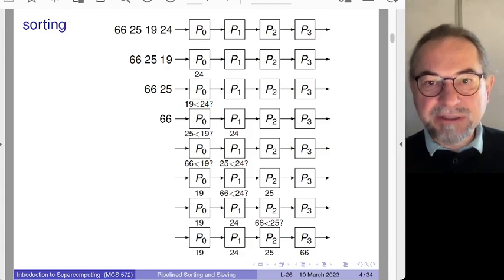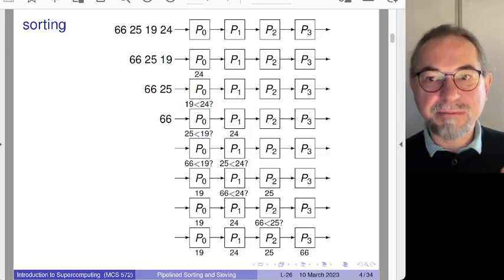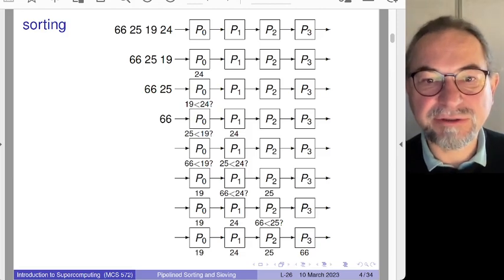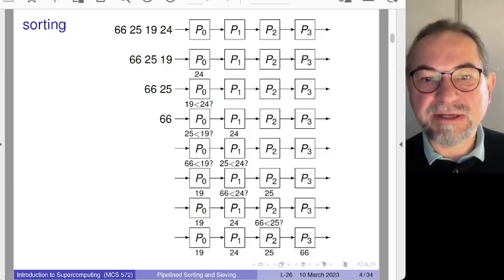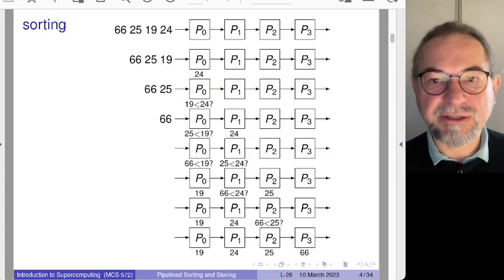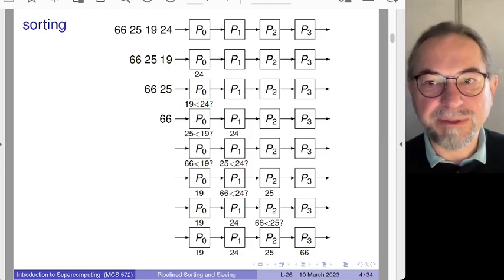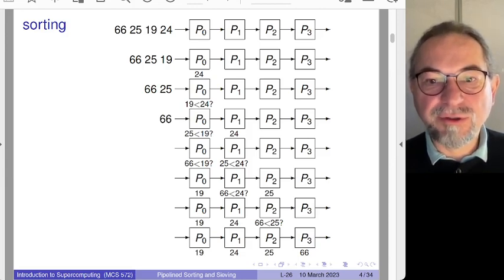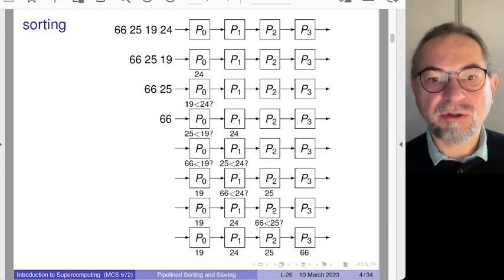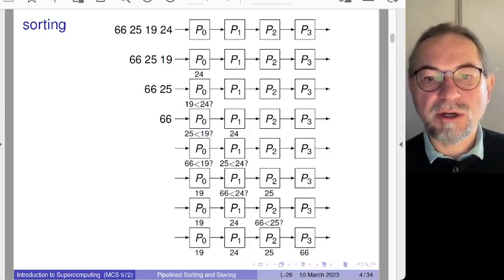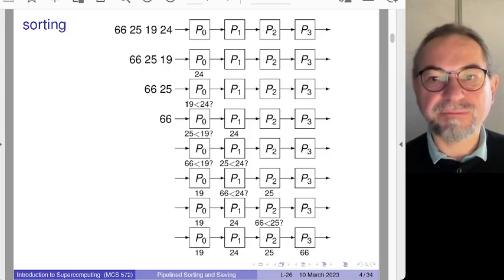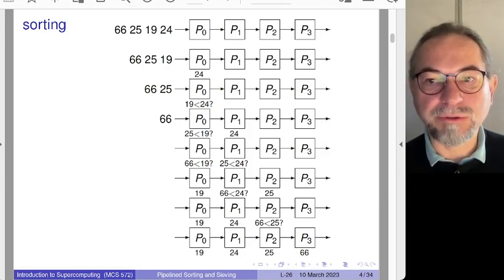So the sorting is here explained step by step in a sequential fashion, but the comparisons and the sends and the receives, they actually can happen in parallel. So there is parallelism here. So at the end, the numbers are sorted according to the rank of each processor. So the lower number will be with the lowest ranked processor, the highest number with the highest rank processor.